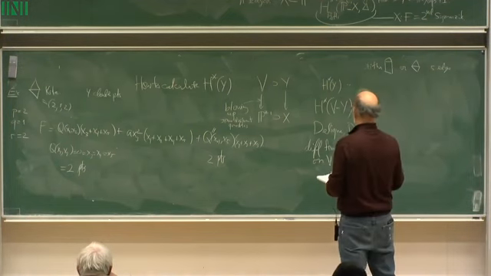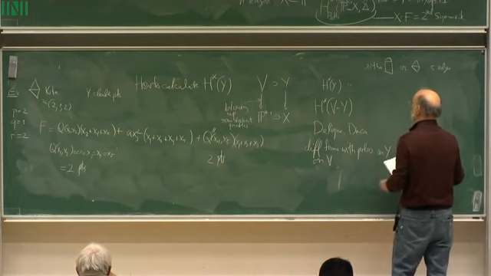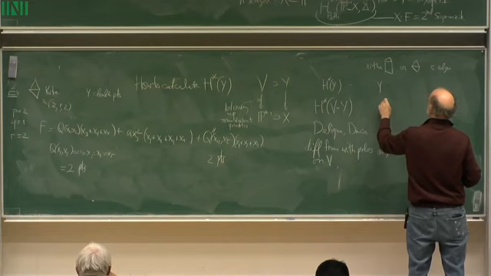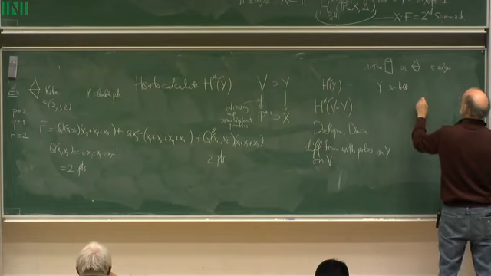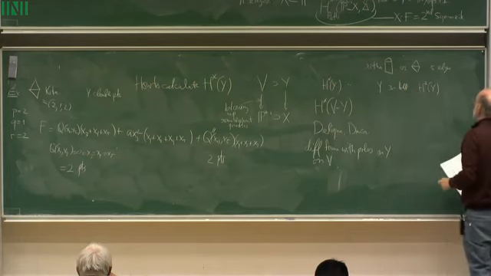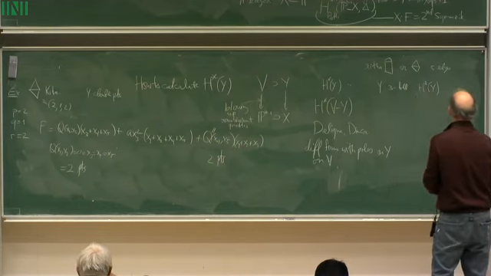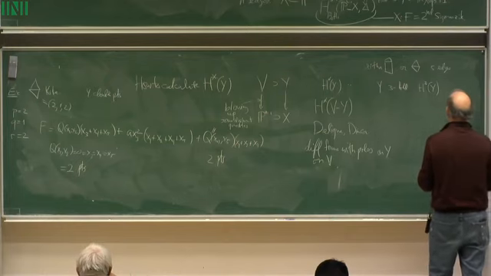Okay, and we want to calculate. So what do we want to calculate? We want to understand, in this case, y is a threefold. And we want to understand h3 of y. But now here we will use Hodge structures.